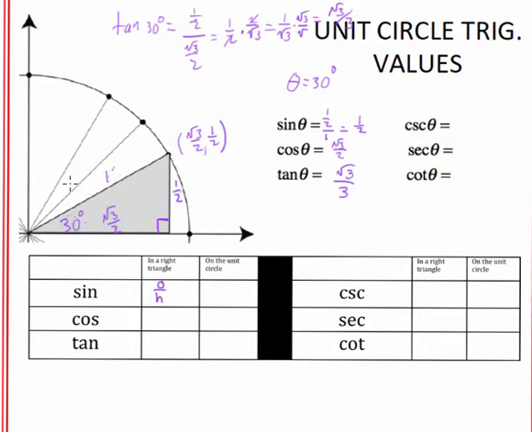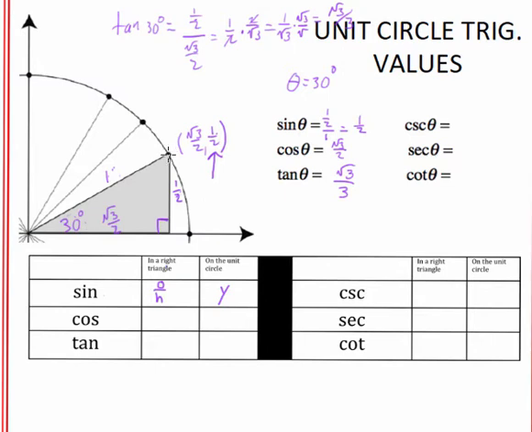In the unit circle, that opposite side is the height from the x-axis, which is literally the y value. So the sine is literally the y value of the coordinate drawn onto the unit circle.